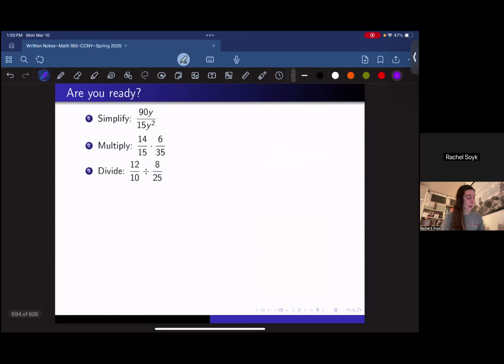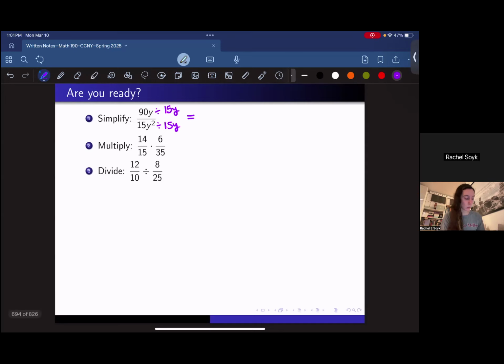So our first example, you can clearly see that our numerator and our denominator has a greatest common factor. We can pull out a 15y from both terms. And so how many times does 15 go into 90? 15 goes into 90 6 times.